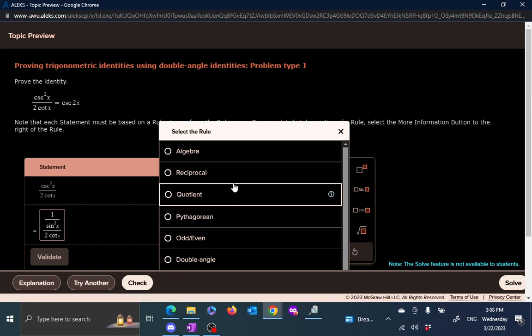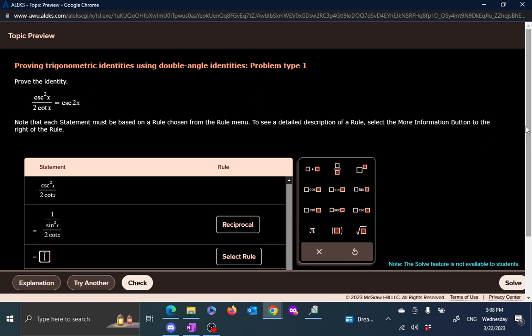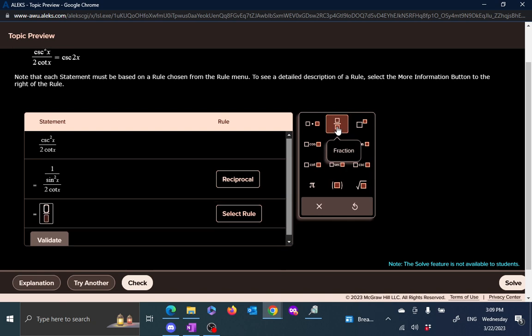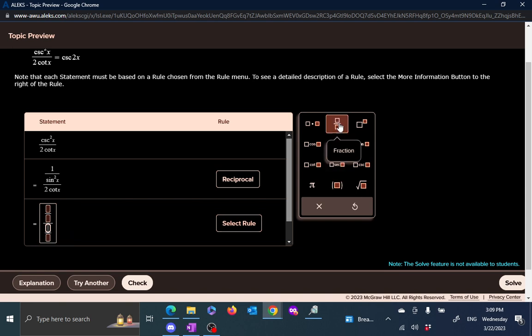So what we are doing is reciprocal. Cosecant is reciprocal of sine. And it is happy with the fact that cosecant square is also reciprocal of sine square. Now I go ahead, make a fraction and another fraction and another fraction.